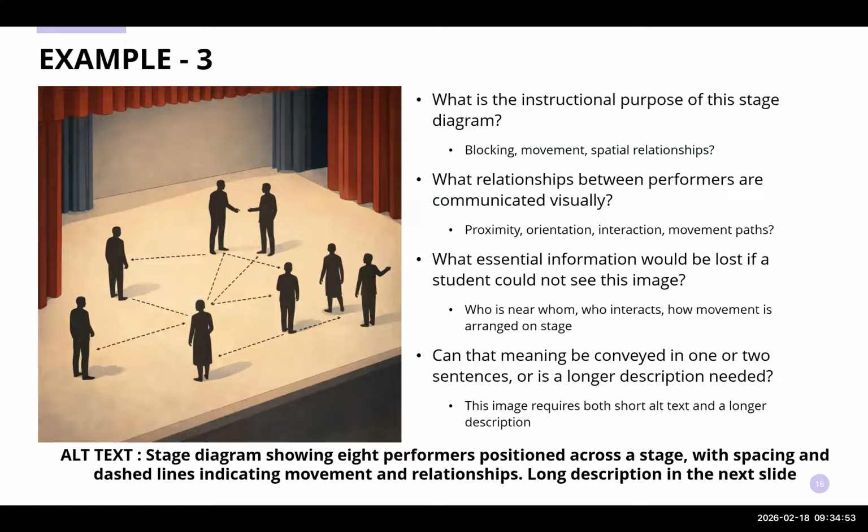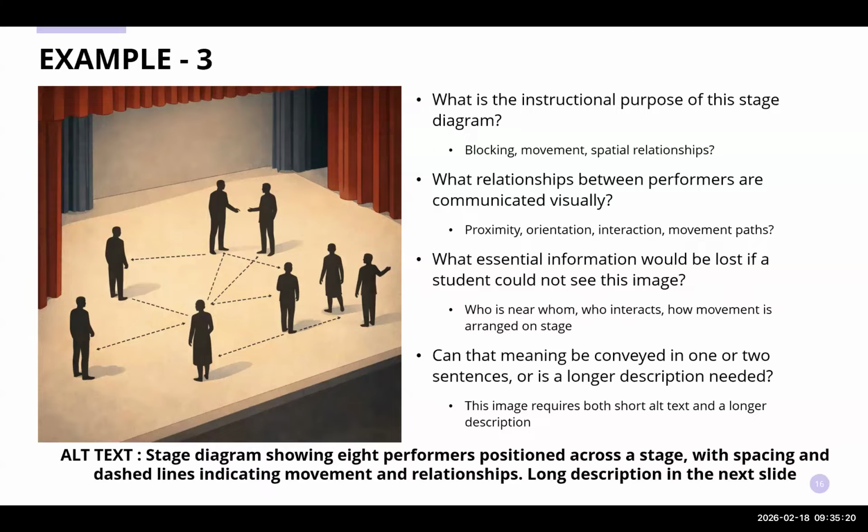So, for a diagram like this, you definitely would like to start with a clear, short alternative text, something like: stage diagram showing 8 performers positioned across stage with spacing and dashed lines indicating movement and relationship. Now, this gives students the immediate who and where of the visuals.